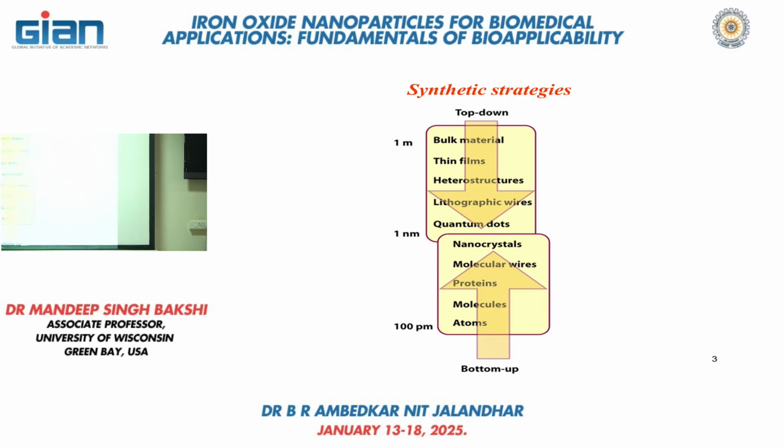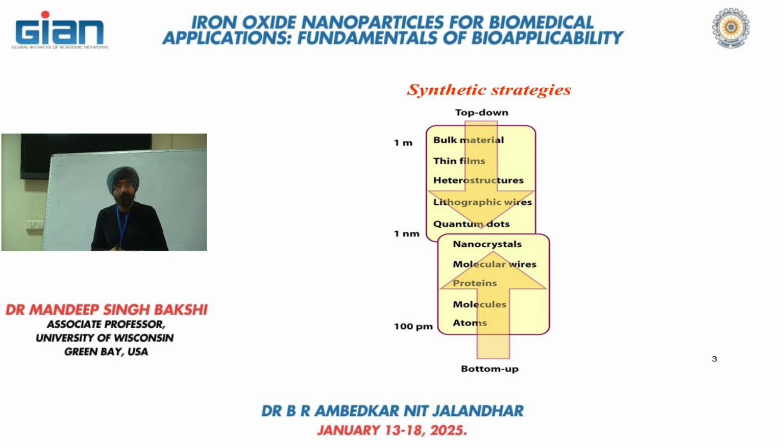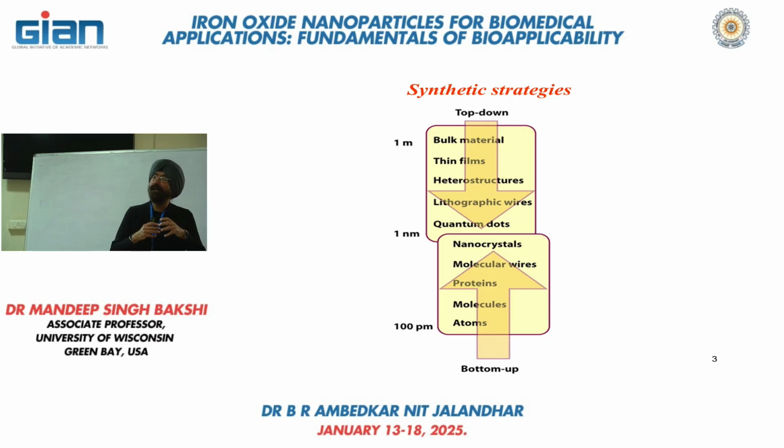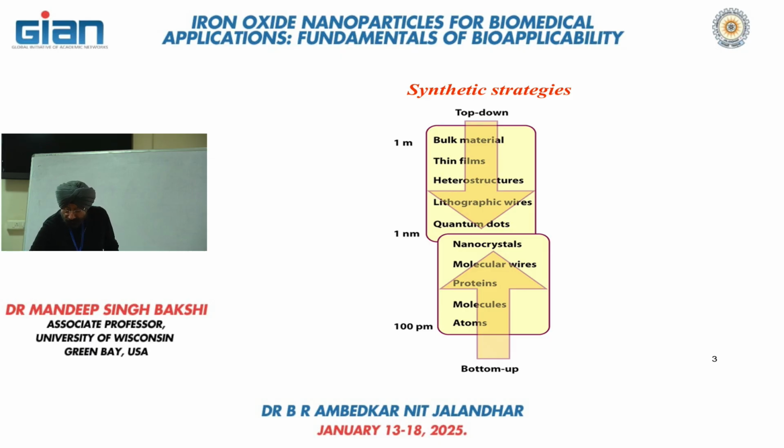But the bottom-up approach is much more popular, where we are using atoms. We control the synthesis of atoms. We allow the atoms to fuse with one another, and we control their crystallization and nucleation, so that a particular shape and size of the object is created.